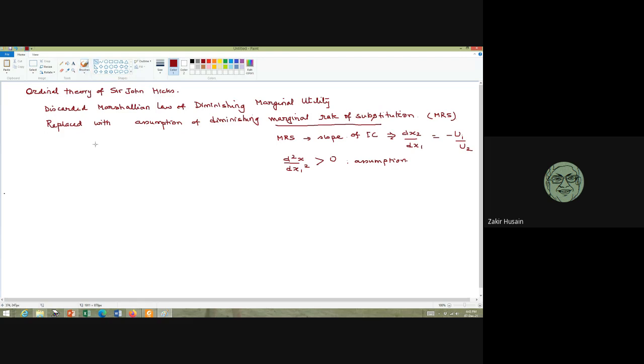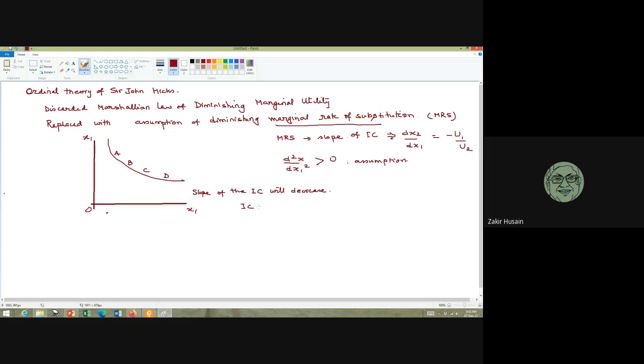So in other words, as you are moving down like this, the slope of the indifference curve will decrease.